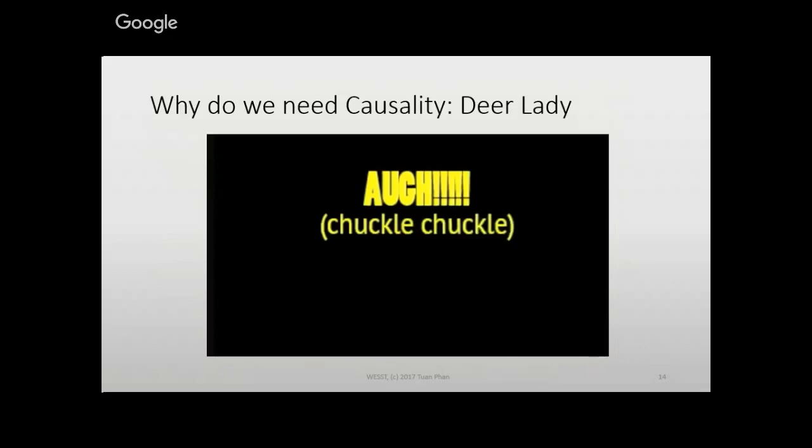The point I'm trying to make is that she's very well-intentioned. Actually, she followed up. She's a very sweet lady. She just didn't have much experience with deer before. But for any type of data analysis, we really need to be careful about the context and really understand a little bit more.